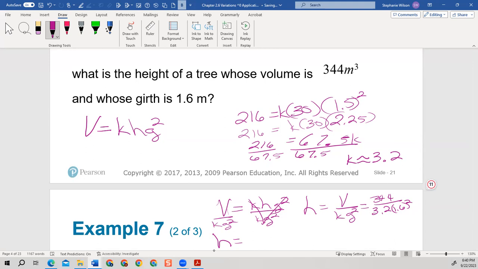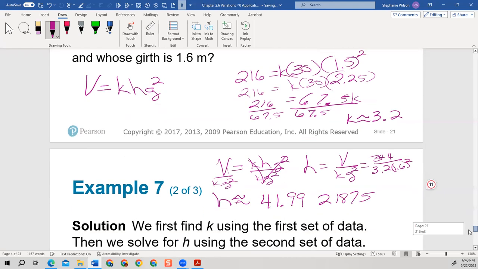I get, and we need to make sure and read the directions on what it wants you to round to. I'm going to just write what I get. This is what I got.